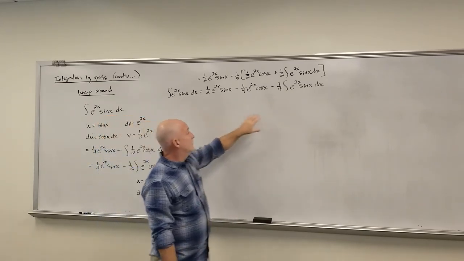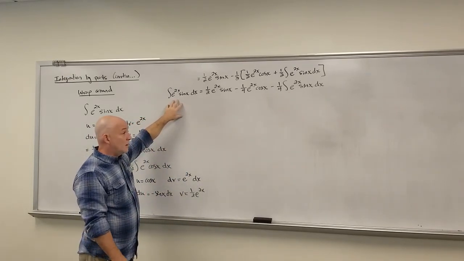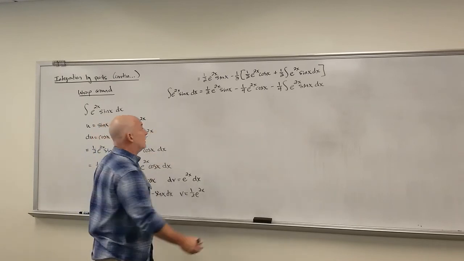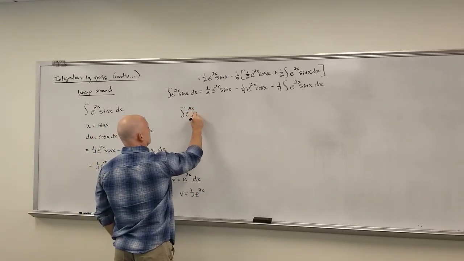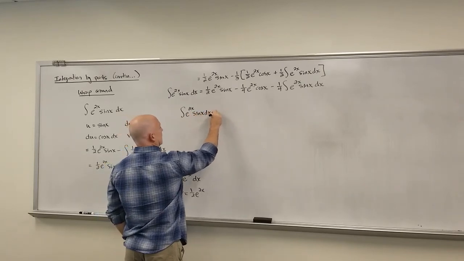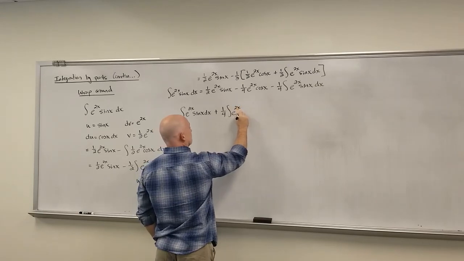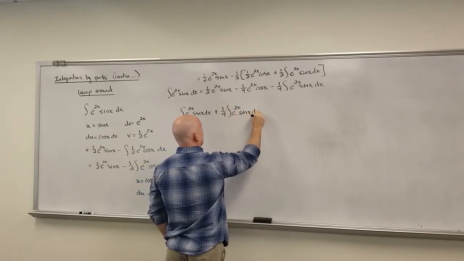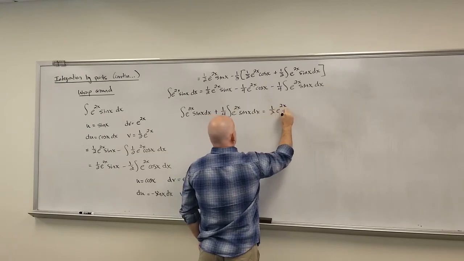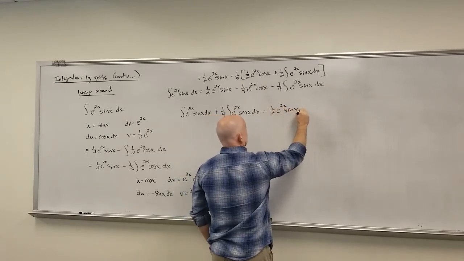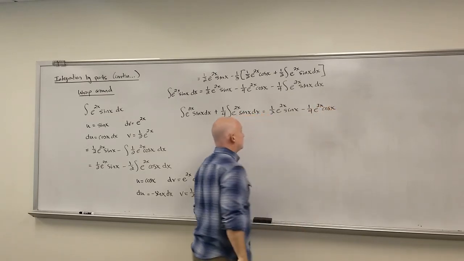So all I got to do is move this to the other side, combining like terms, and I should be able to solve for what I need. So watch, I'm going to add that to both sides. So I have the integral of e to the 2x sine x dx plus 1/4 integral e to the 2x sine x dx equals 1/2 e to the 2x sine x minus 1/4 e to the 2x cosine x.